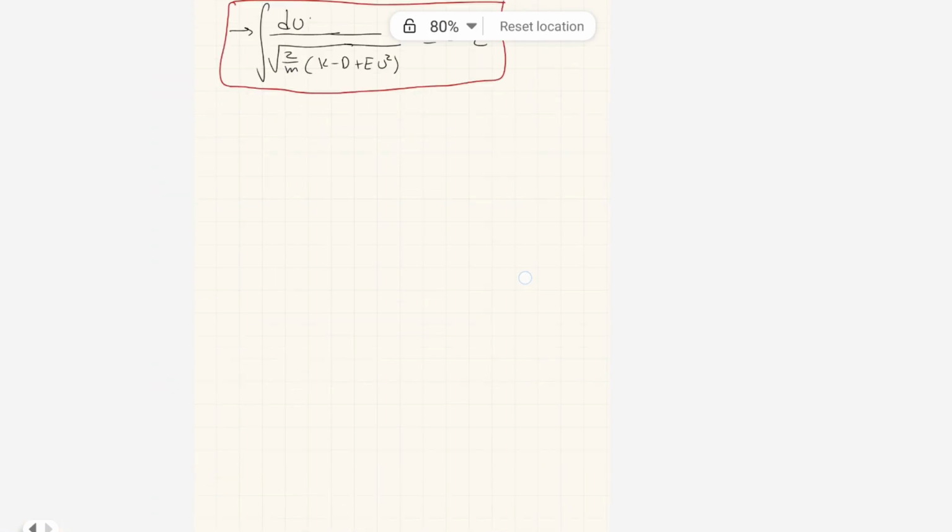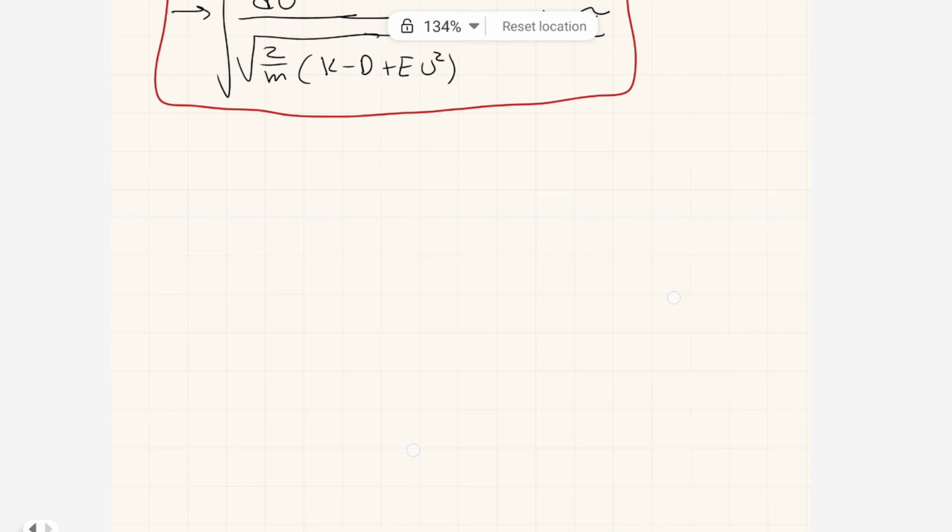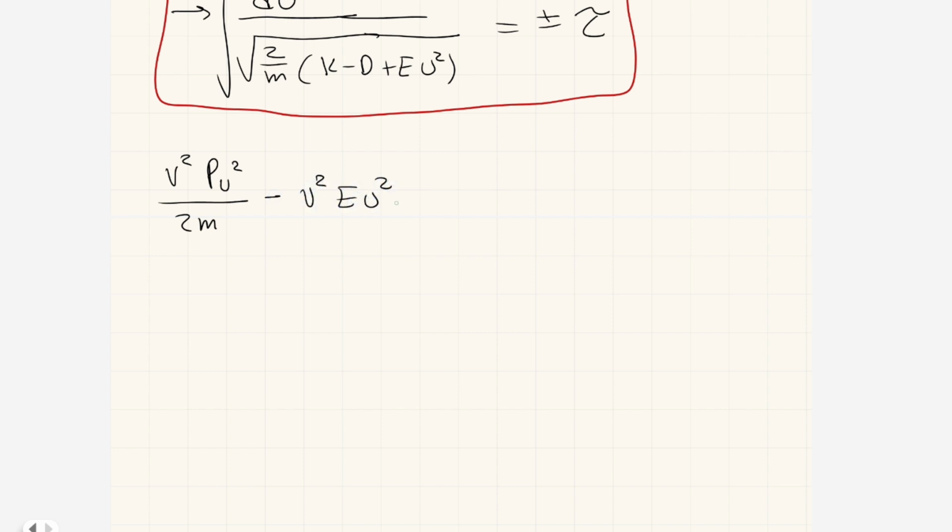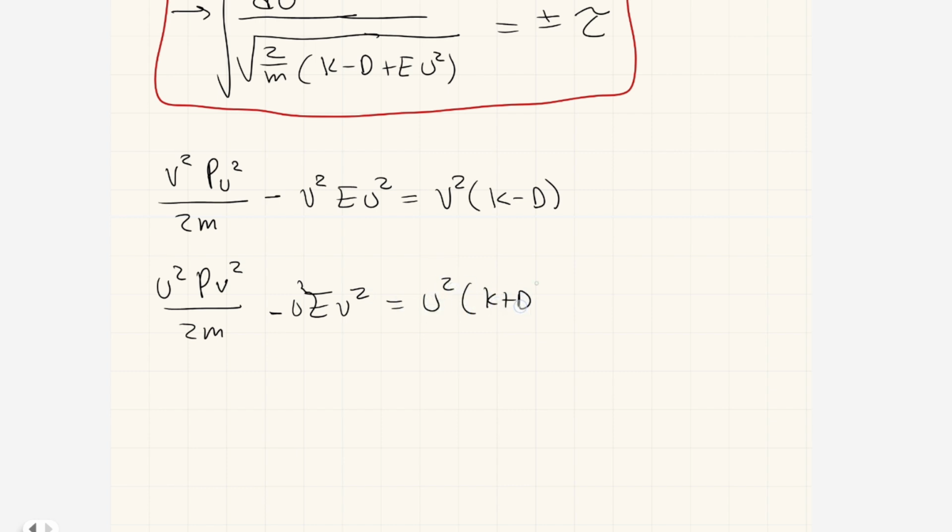Okay, so what happens if we do that? Well, if we multiply the first equation by v squared, we will get v squared pu squared divided by 2m minus v squared eu squared equals v squared times k minus d. And the other one, we multiply it by u squared to get u squared pv squared divided by 2m minus e u squared v squared equals u squared times k plus d.